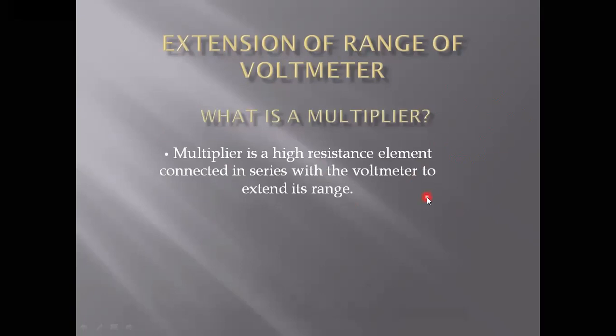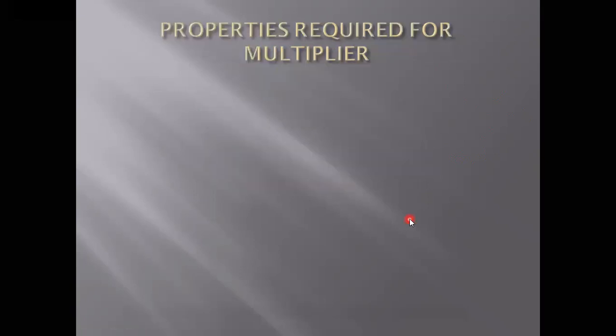If we just try to recollect, a shunt was a low resistance element connected in parallel with the ammeter to extend its range, whereas a multiplier, quite opposite to shunt, is a high resistance element. Connection is also opposite. It should be connected in series with the voltmeter to extend its range.